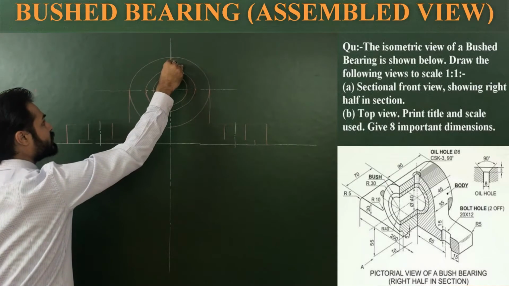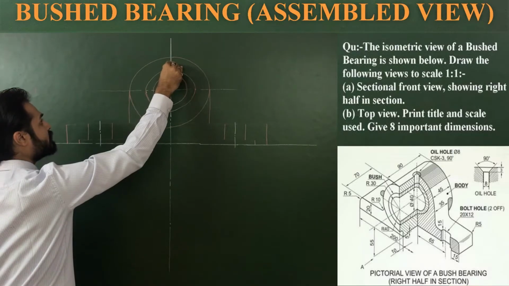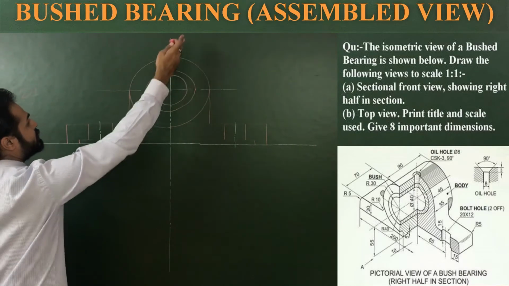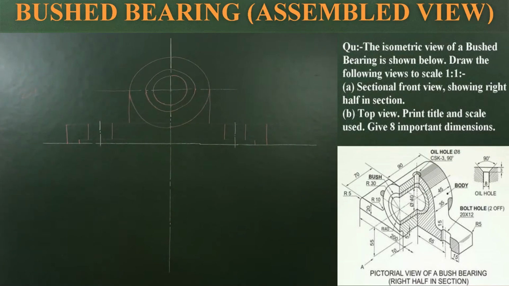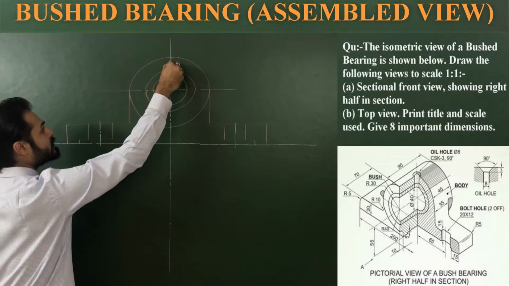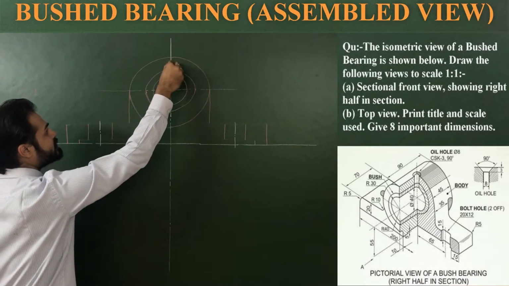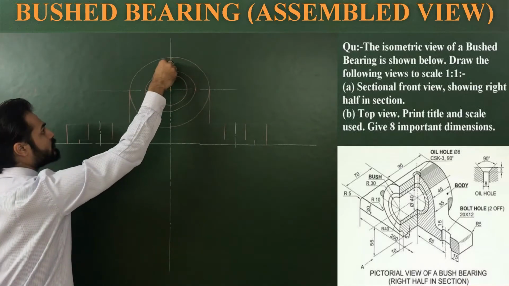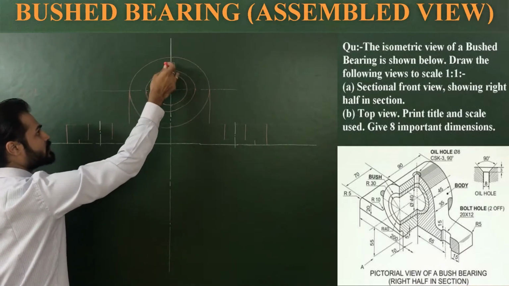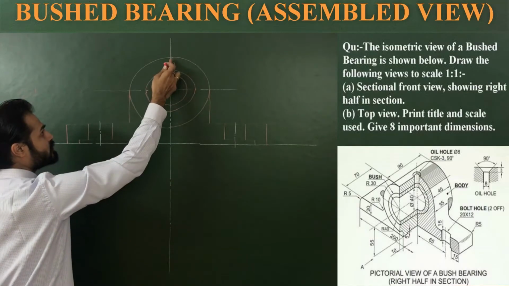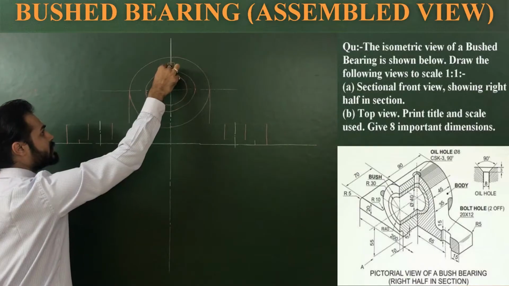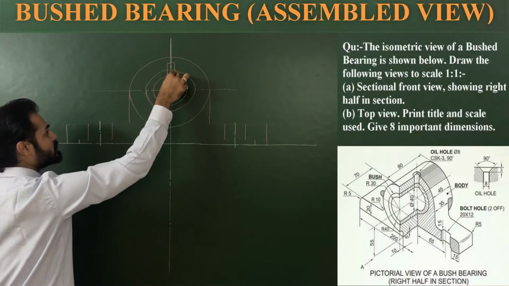Vertically 3 up to this point we have a frustum of conical structure, CSK countersunk, and then after this point straight diameter. So diameter is 8, so 4 and 4 total is 8. So from the central vertical axis, from this point 4 left, 4 right, and extend it up to the bush.